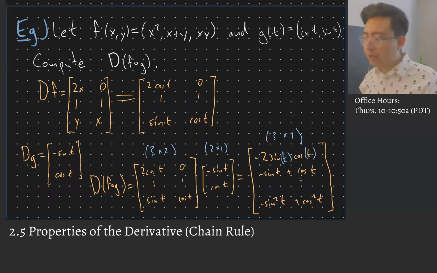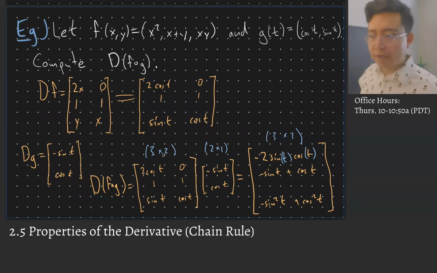The second row here is going to be the dot product of 1, 1 and negative sine t, cosine t, right? People pointed out when we were learning matrix multiplication that matrix multiplication is just doing a bunch of dot products. So for the second row of the only column, it's going to be the second row of the first matrix dot product with the only column of the second matrix.